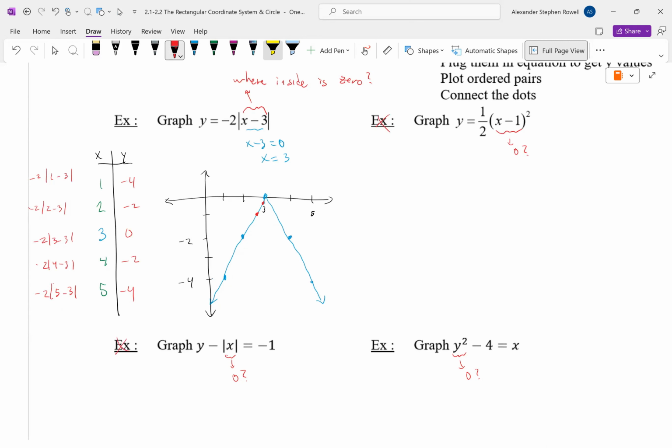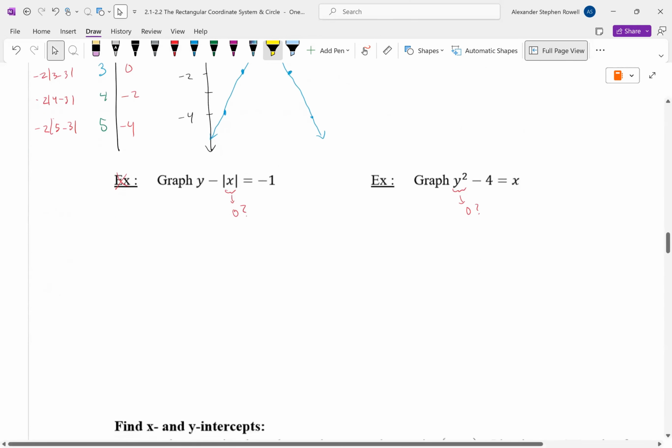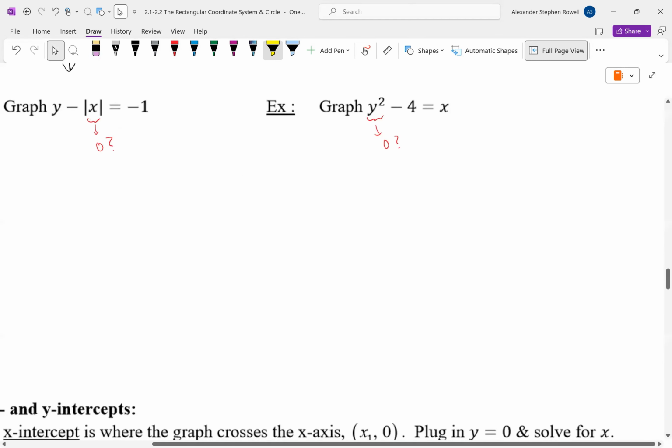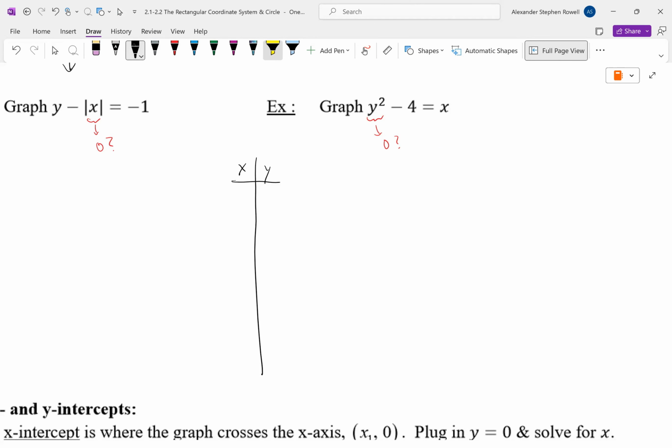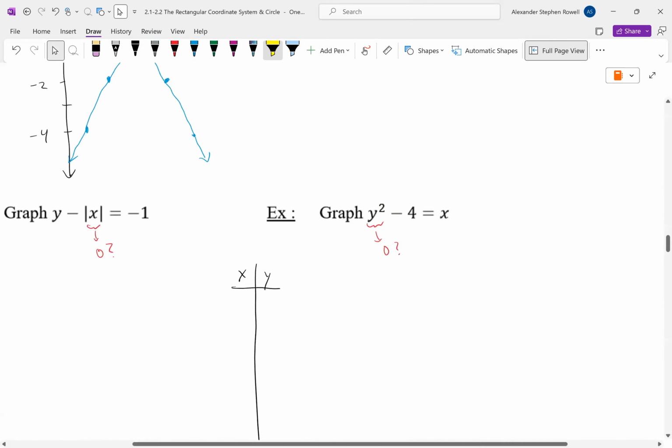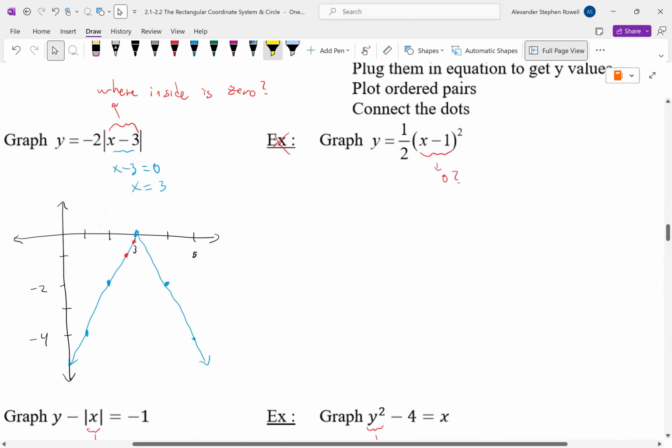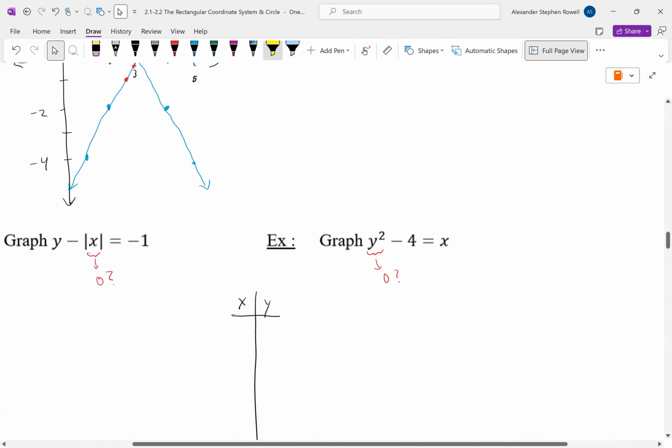They'll be done in a similar manner. And I'll go to this one, which is slightly different. I have x and y values. And in this case, y has the complicated thing happening to it. Previously, we had an absolute value of an x. Now we have a square of a y.